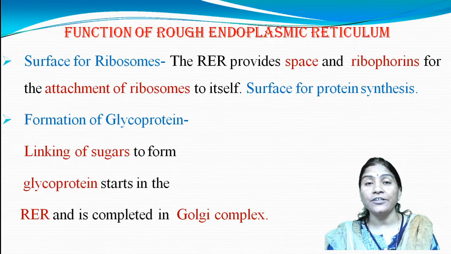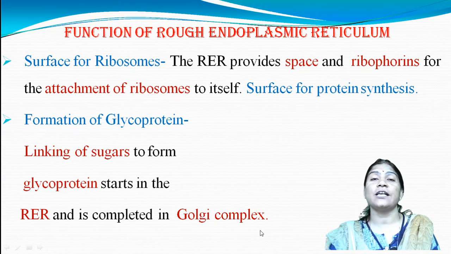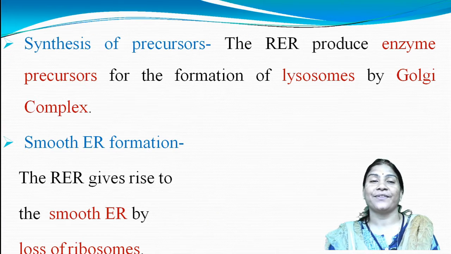Rough endoplasmic reticulum also plays an important role in the formation of glycoproteins. The linking of sugars to form the glycoproteins starts in the rough endoplasmic reticulum and is completed in the Golgi complex. So rough endoplasmic reticulum plays an important role in the synthesis of proteins and the formation of glycoproteins.